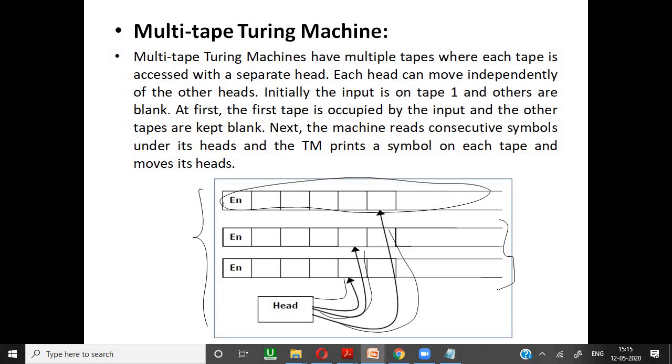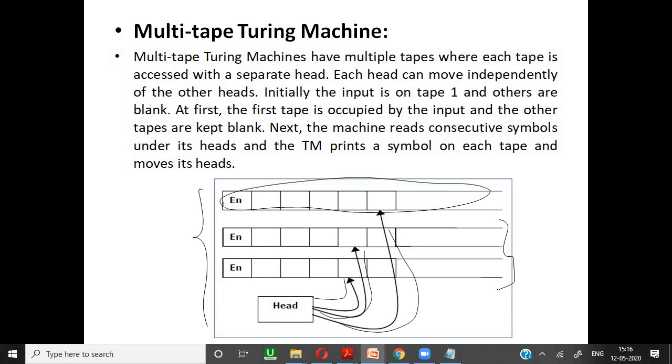For example, if I want to work with the language a to the power of n, b to the power of n, c to the power of n, I want to process that language. Generally, we change an a to x, then find one b and change it to y, then find one c and change it to z.